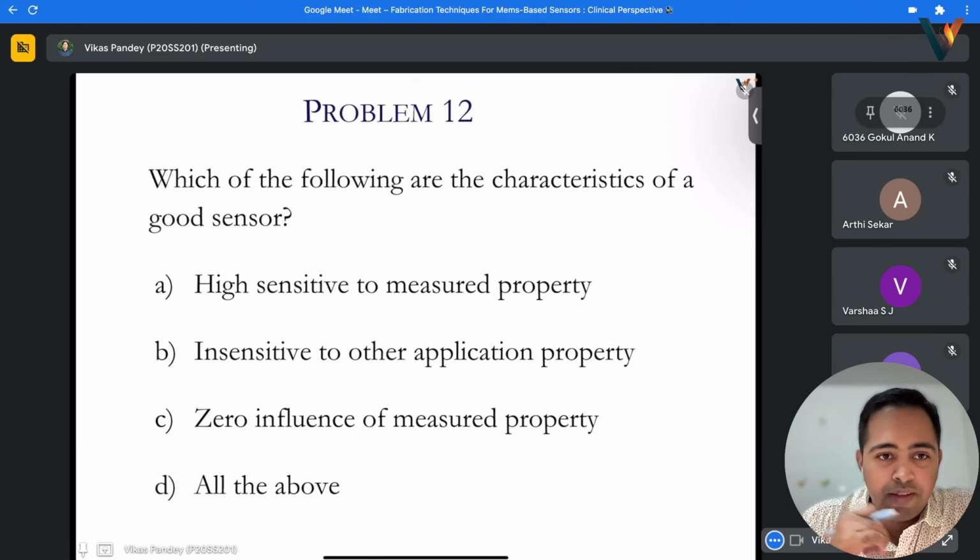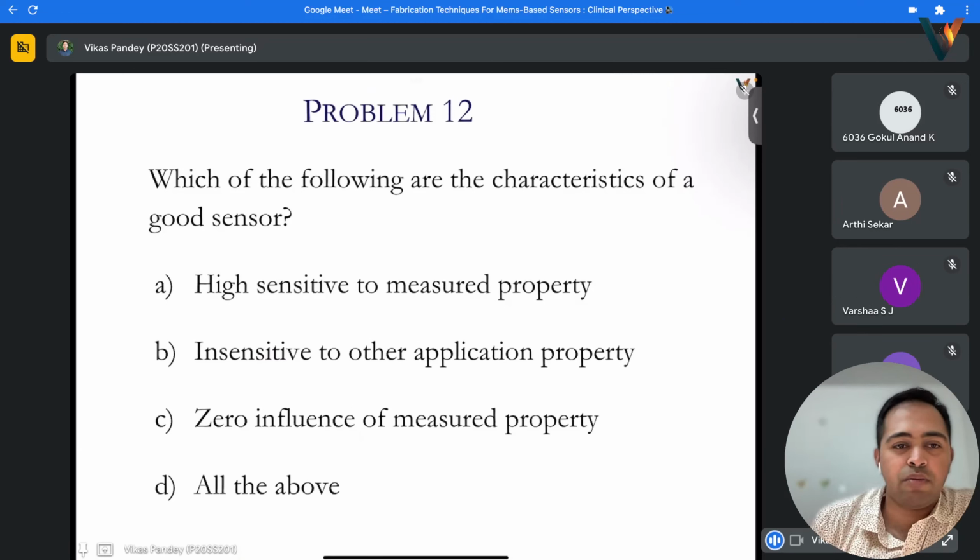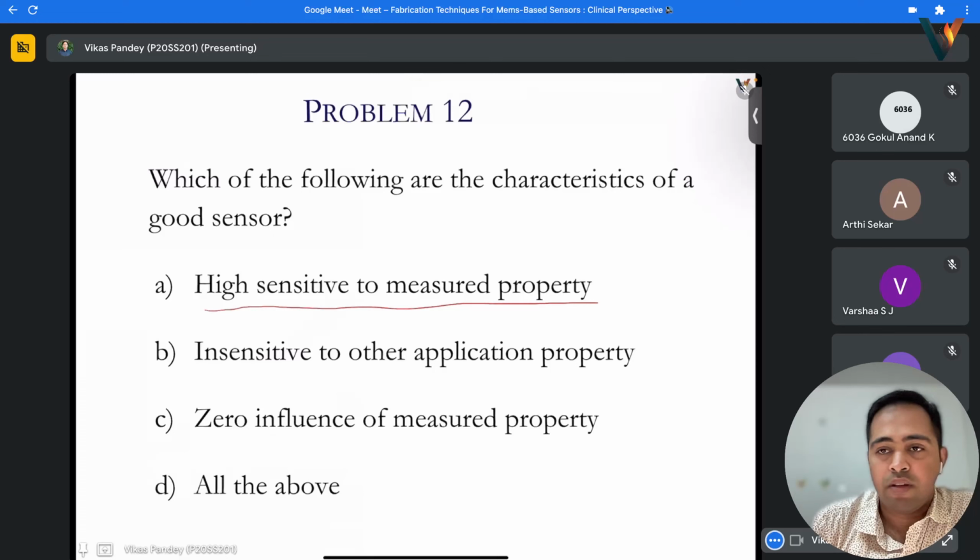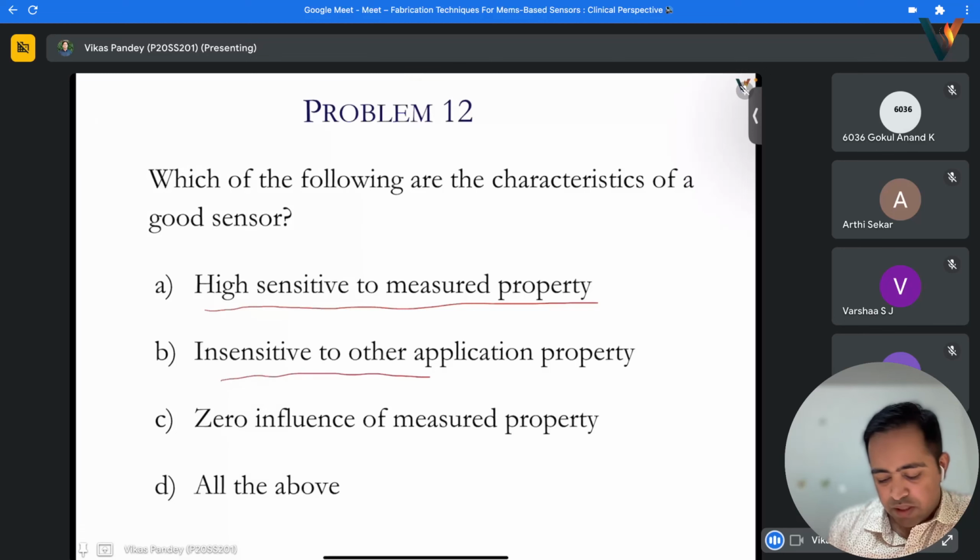High sensitivity to the measured property. Is it right? It should be very highly sensitive. And then insensitive to other properties.